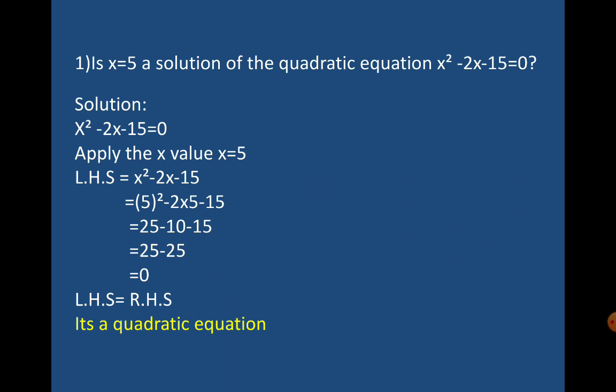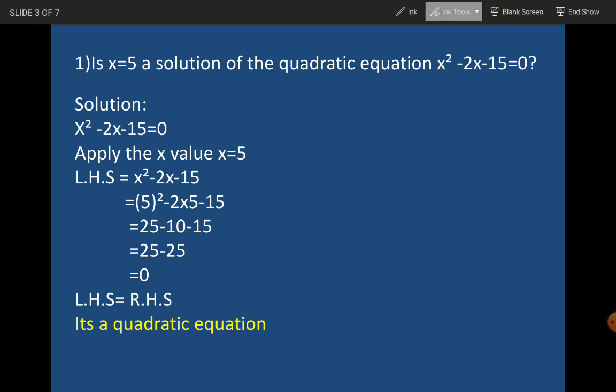After solving these sums, we have to get 0 value. Both sides are equal. That means 0 value means this is a solution. See here, they have given the equation x square minus 2x minus 15 equal to 0.